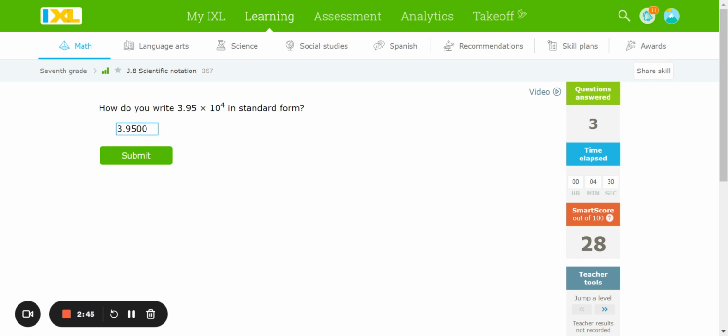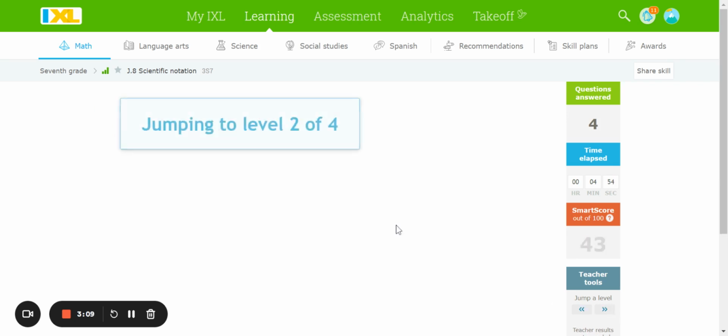So again, I went from here and I went 1, 2, 3, 4. Now, don't get this part confused. You're going to have to delete the decimal. You don't have to put a comma. As a matter of fact, I would suggest you don't put a comma, because if you put a comma in the wrong spot, it's going to think that you meant to put a decimal and it's going to count it wrong. But there we go. That's it.